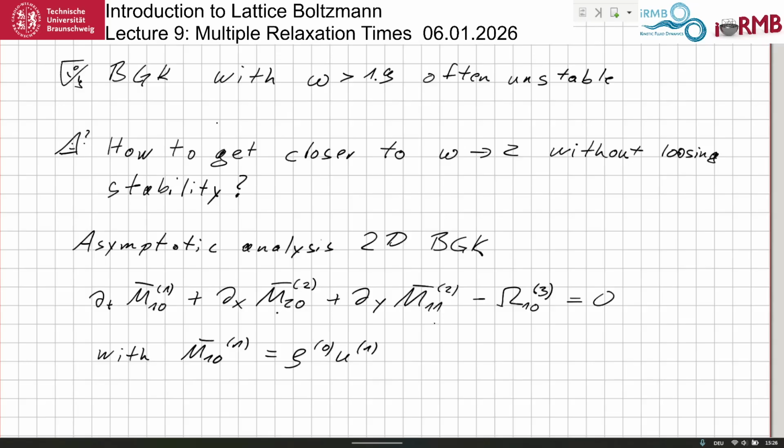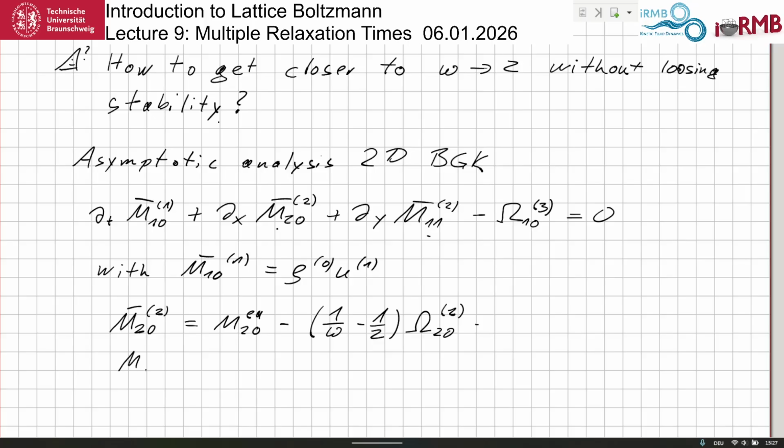And the other things that we have here, so these moments, m20 to second order is m20 equilibrium minus 1 over omega minus 1/2 times this collision term of the second order moments.